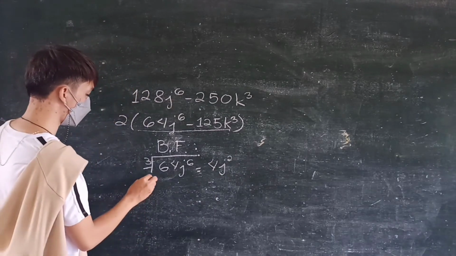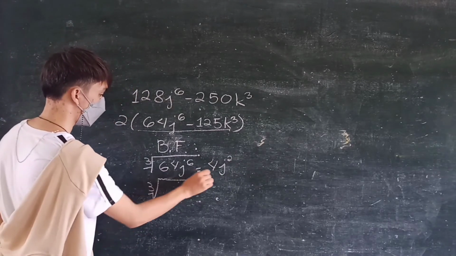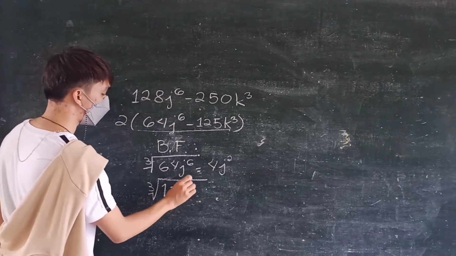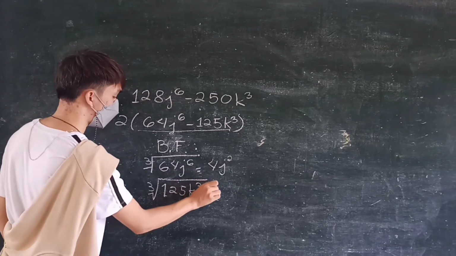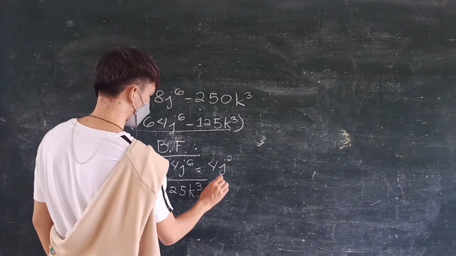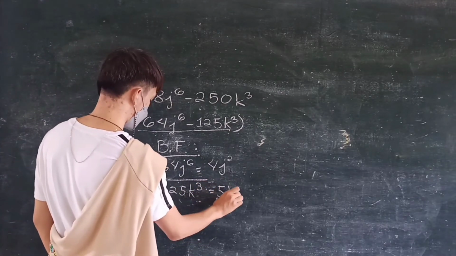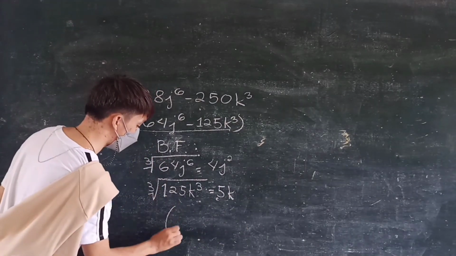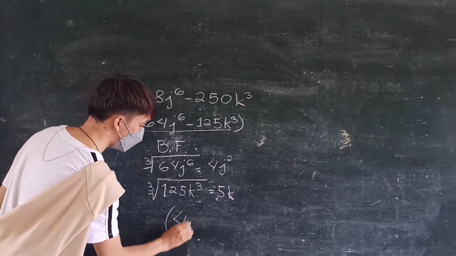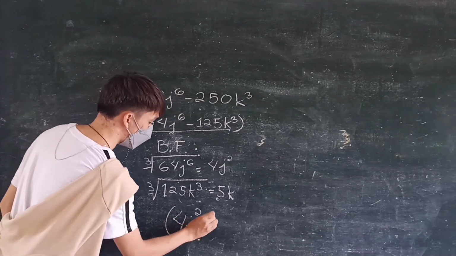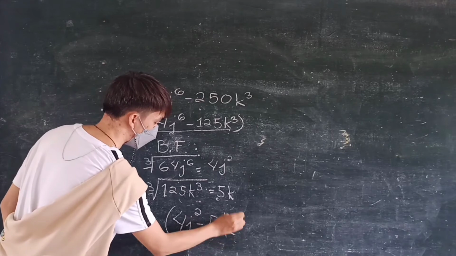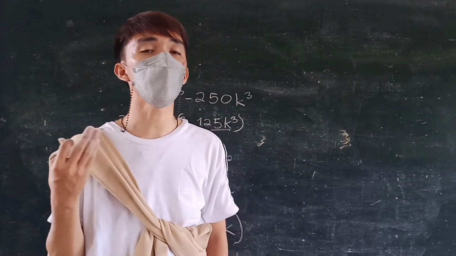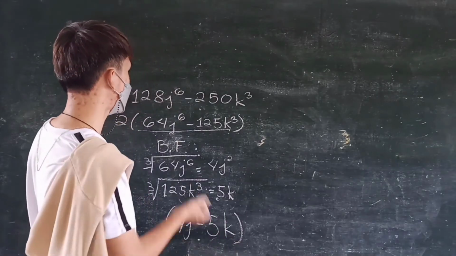The cube root of 125k to the power of 3 is 5k. So the binomial factor is 4j squared minus 5k.